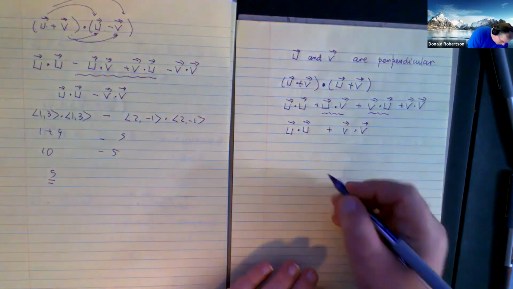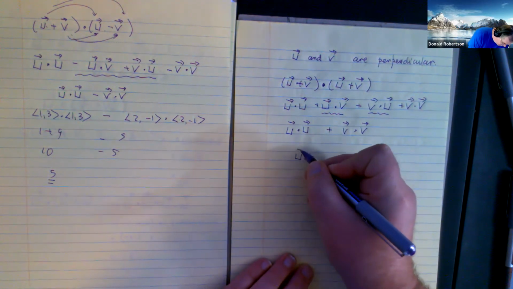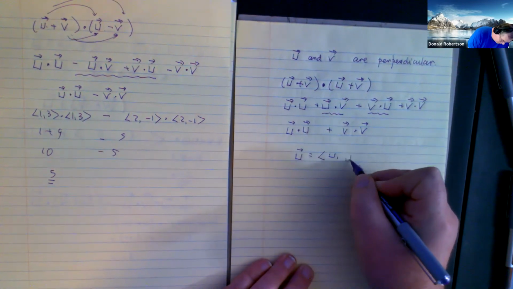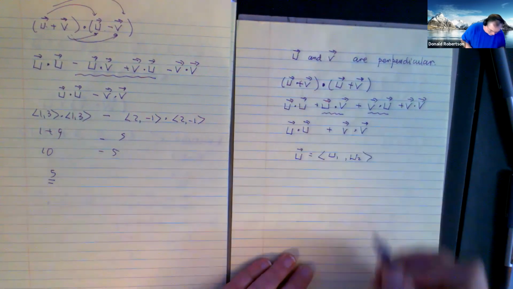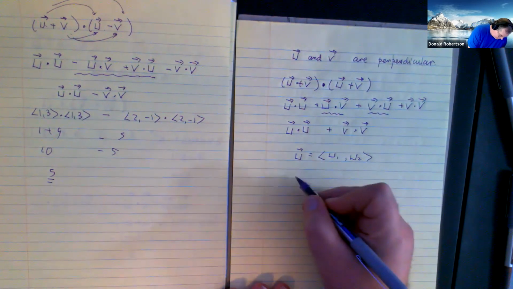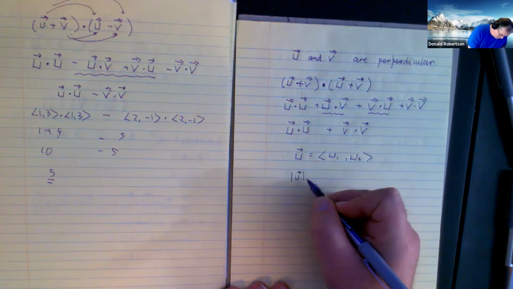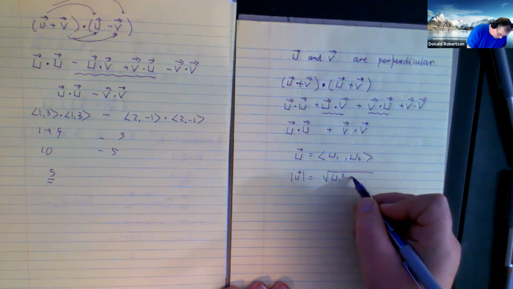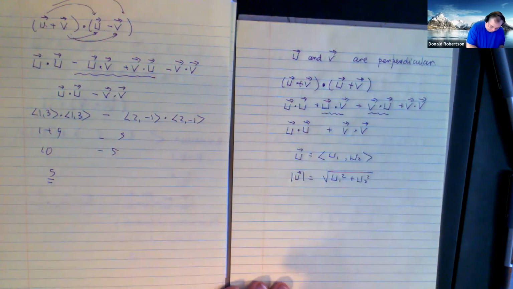Now, if I asked you to find the magnitude of this vector, wouldn't it be that guy squared plus that guy squared? Great.